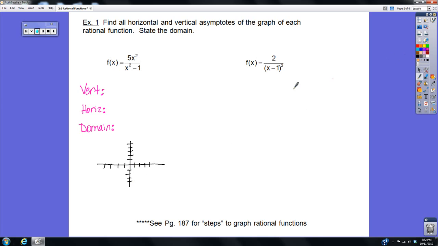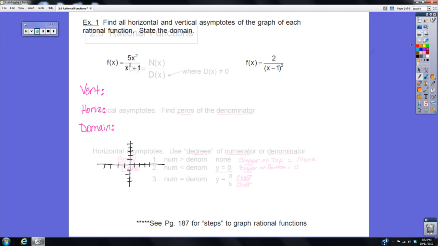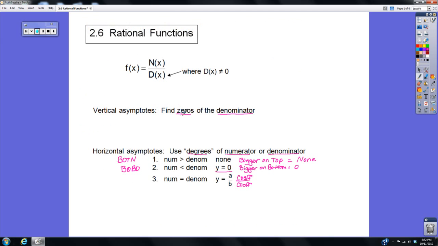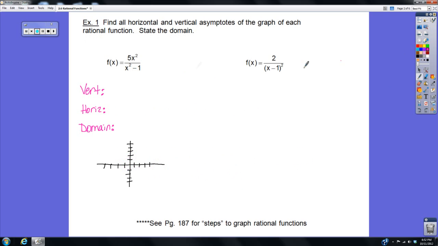So let's start off by finding the vertical asymptotes. Take a peek back at your rules. The vertical asymptotes are the zeros of the denominator. Well, here's the denominator, and this will factor into x plus 1 and x minus 1.